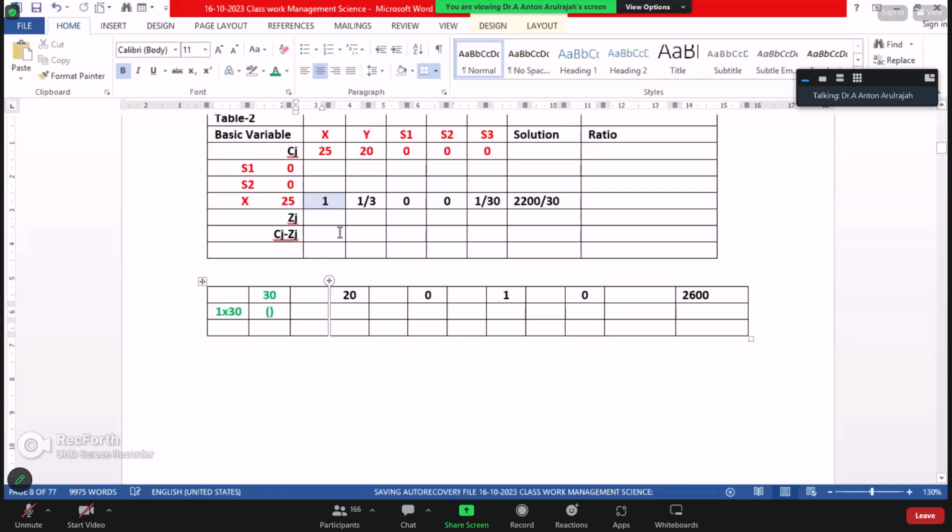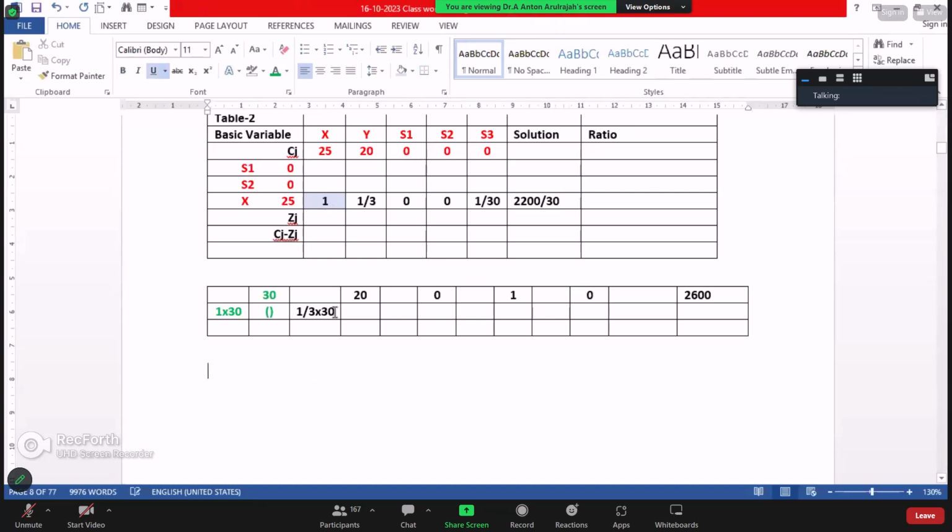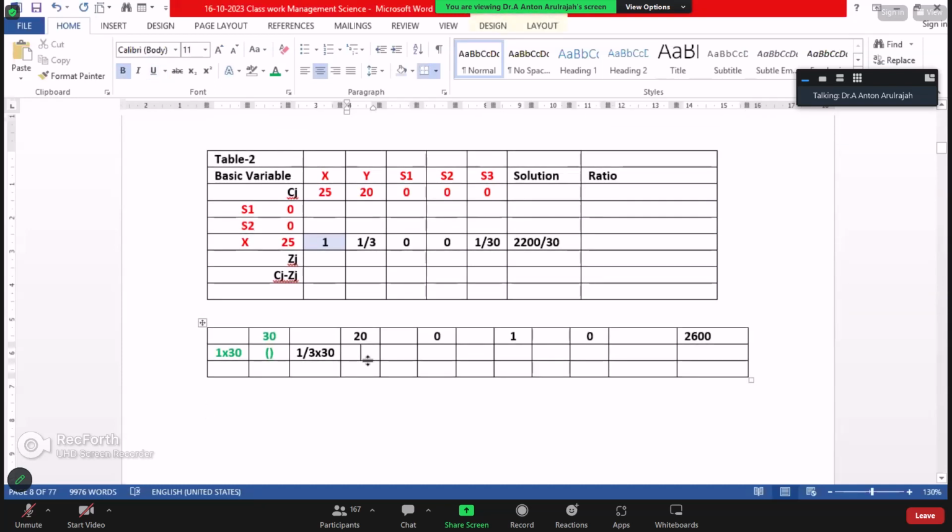Then the second one, 1 by 3 into 30. So how much is that one?